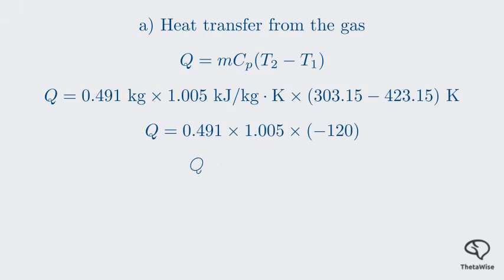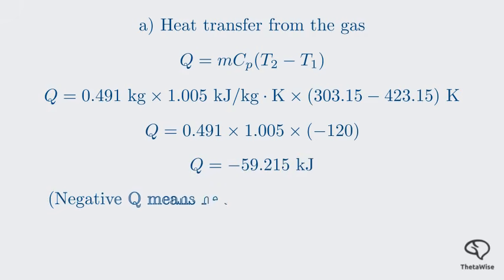The result is 59.215 kilojoules. The negative sign here is very important. It tells us the direction of heat transfer. A negative Q means that heat is rejected or transferred from the system, which makes sense since the gas is being cooled.